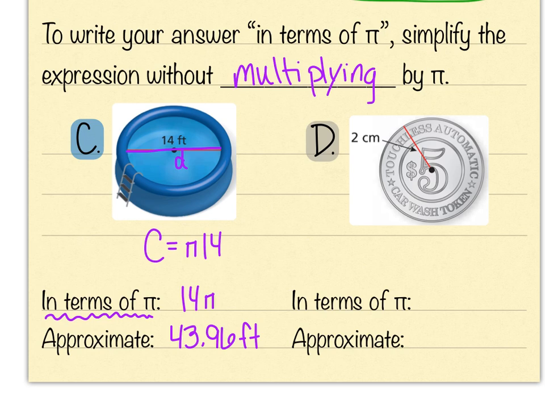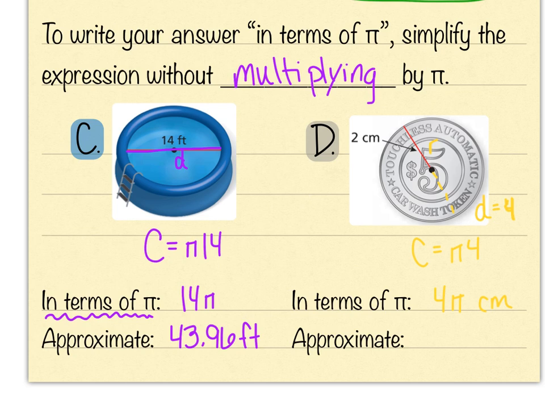So this time they give us the radius. The radius only goes halfway through, and our circumference formula wants us to use the diameter. So the diameter of this coin would be 2 times 2, which is 4. We're going to use circumference equals pi times diameter, so 4 pi, or 4 pi centimeters, would be our measure in terms of pi.